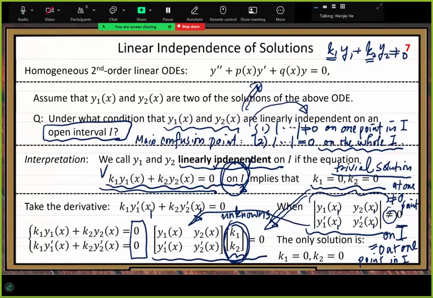Because later I may assign you a sequence of similar questions about linear dependence, independence, and the determinant equals 0 at one point, or the determinant equals 0 on the whole interval, that kind of statements.